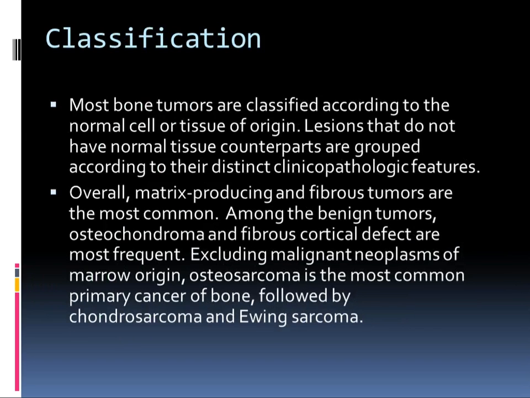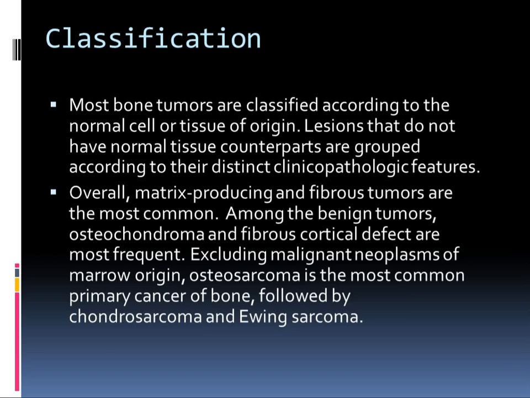It is classified, as I told you, based on so many things. Bone tumors are classified according to the cell of origin and the substance they produce, whether matrix producing, whether fibrous tumors in which the fibrous tissue is very high.